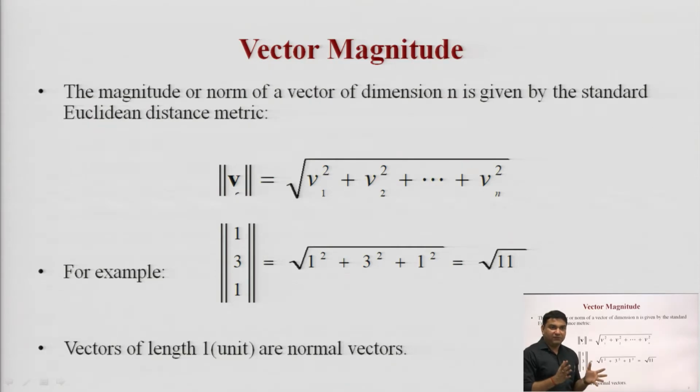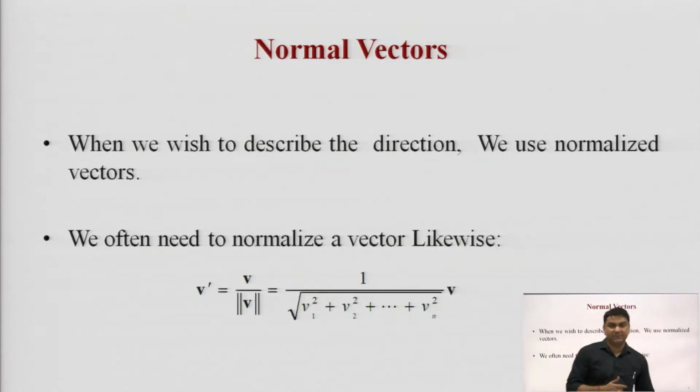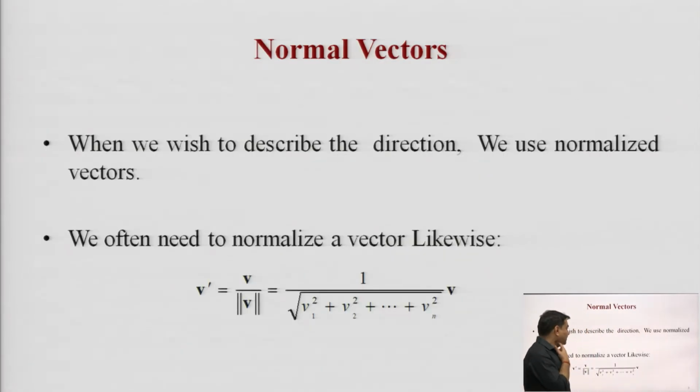Actually, vectors of unit length, meaning when the magnitude of that vector is equal to 1 only, can be defined as normal vectors. What is the need of these normal vectors? When we wish to describe the direction, we generally use the normalized vectors, and these normalized vectors can be represented in terms of this formula.